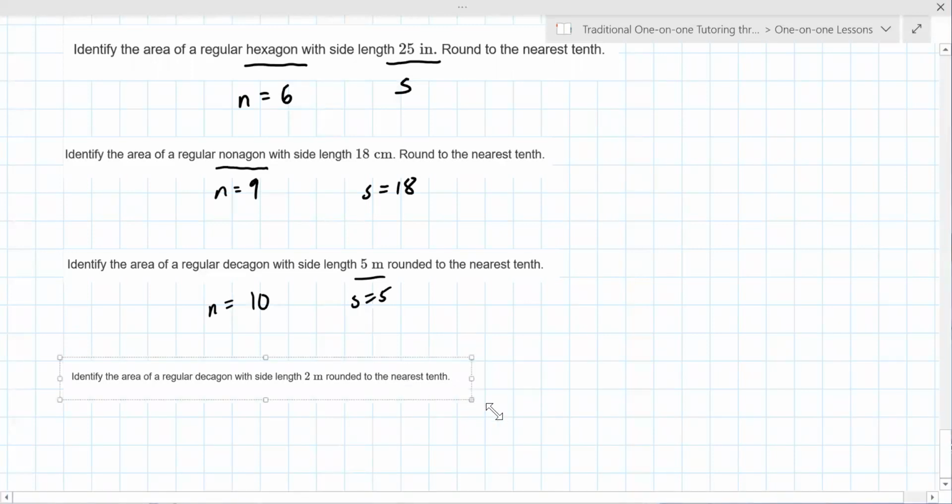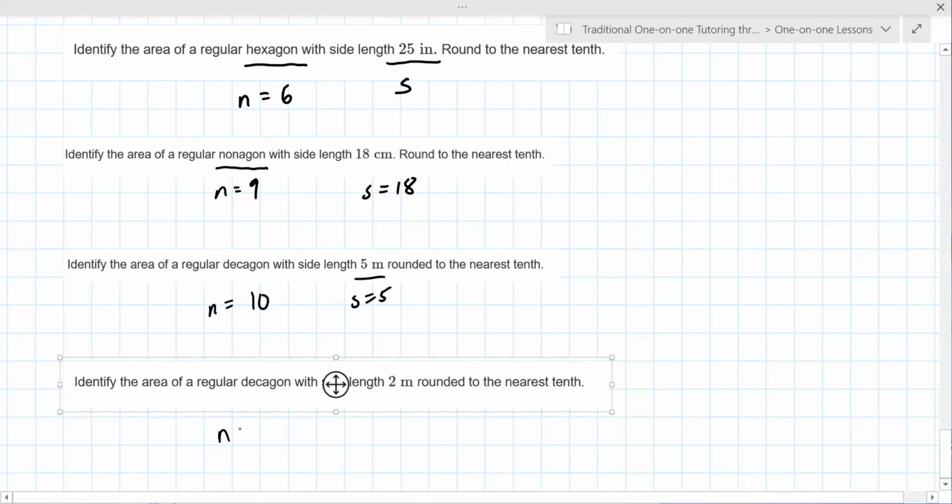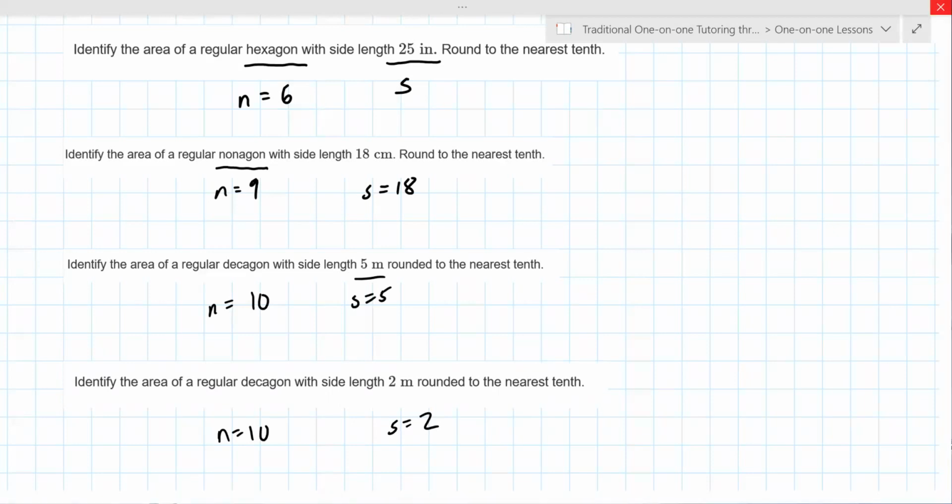Now here's the next one: n equals 10 and S equals 2. Okay, I get 30.8. Yep. And then the last one here is an octagon.